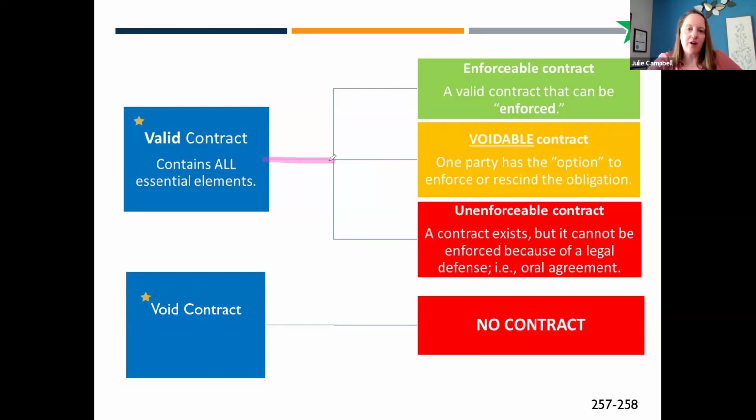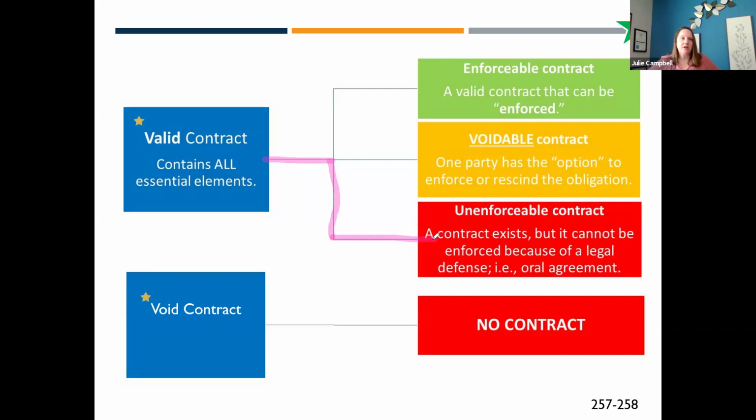A valid contract could also become unenforceable. Either party can take the contract to the judge and say, I shouldn't have to carry through with the terms of this contract. The contract itself is valid because it has all the essential elements. But now either party has the right to go to a judge and say, you can't bind me to this contract. It's not enforceable. It's unenforceable. The example we have of an unenforceable contract is that handshake agreement.